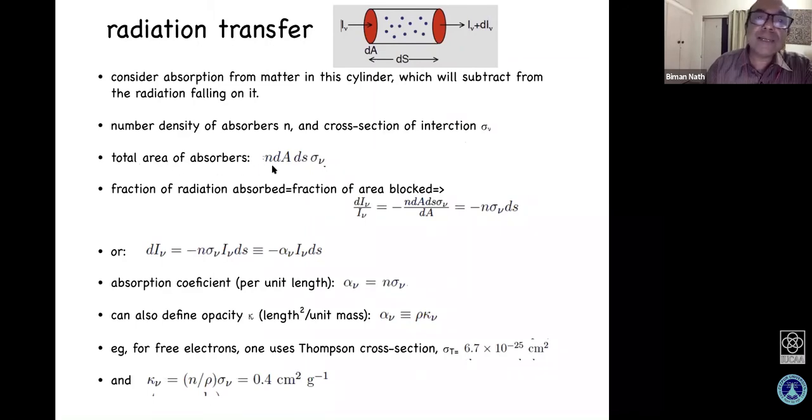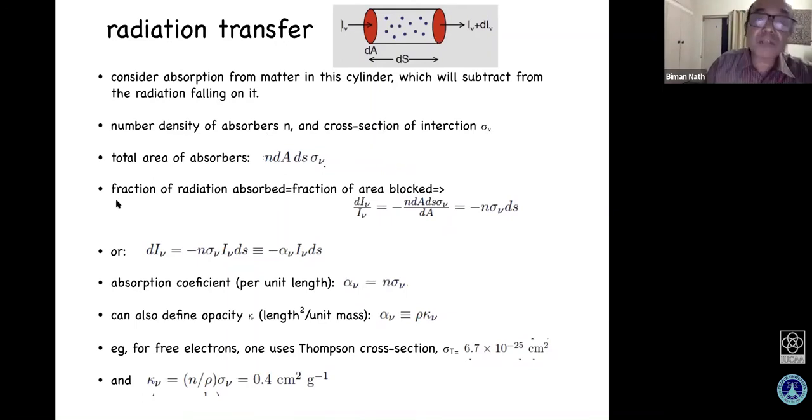So let's see. Then the total area of the observers, the total area that will be put in front of the light falling on it, is going to be n times dA ds. This is the total volume. So this is number per unit volume, I'm multiplying by the volume, so I'll get the total number, and then multiply by the cross section for each observer. So that will be the total area that will be blocked by the observers.